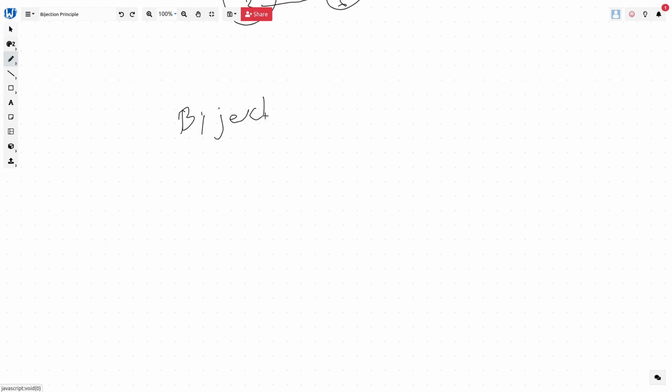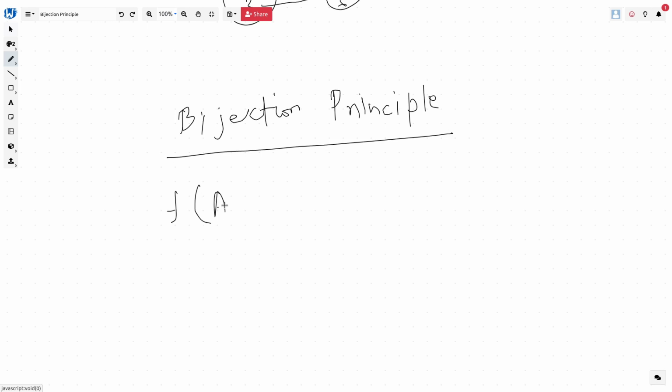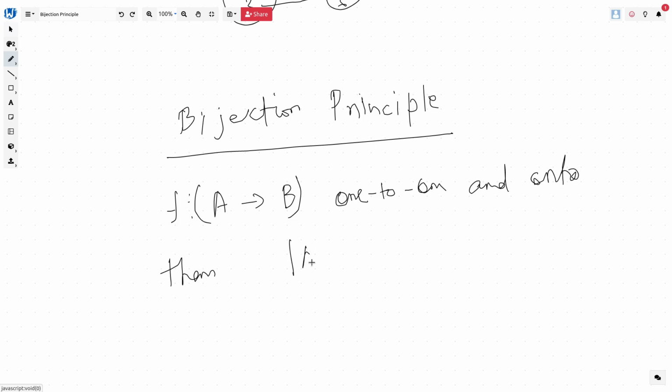The bijection principle says that if a mapping from A to B is one-to-one and onto, then the cardinality of A is equal to the cardinality of B, meaning the number of elements in set A is equal to the number of elements in B, right?